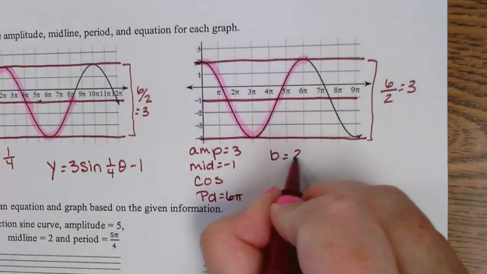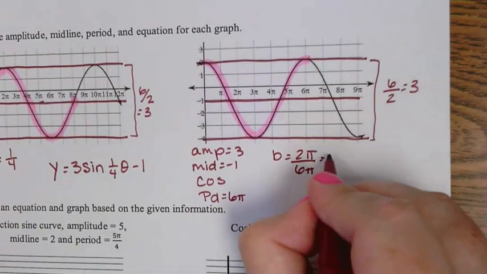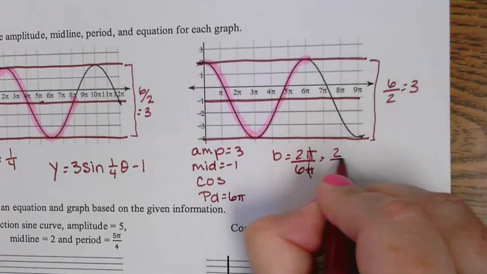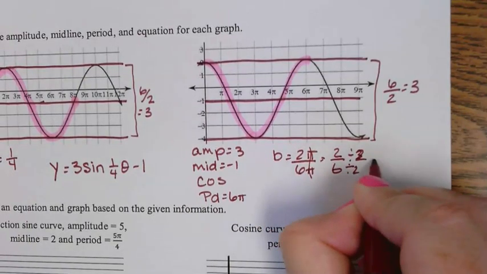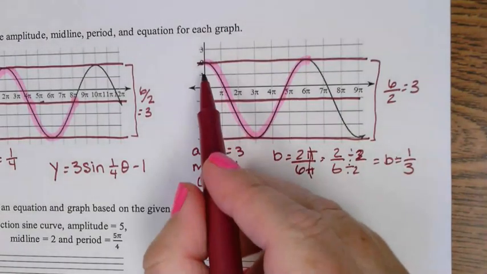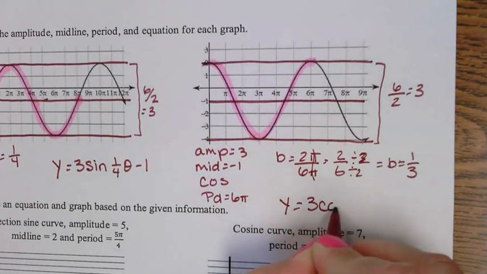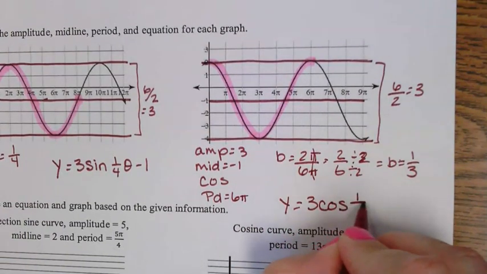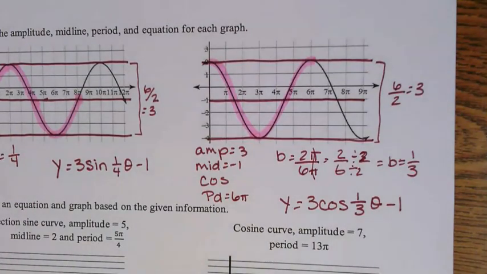So b is 2 pi divided by 6 pi. So pi's cancel, 2 over 6, reduce by 2. So b is 1/3. It started high, so it's a positive cosine, minus 1. Okay.